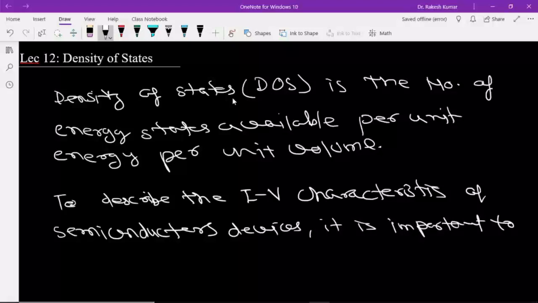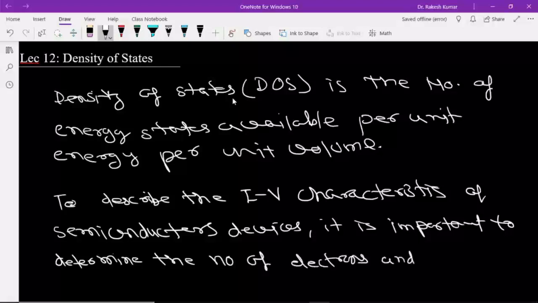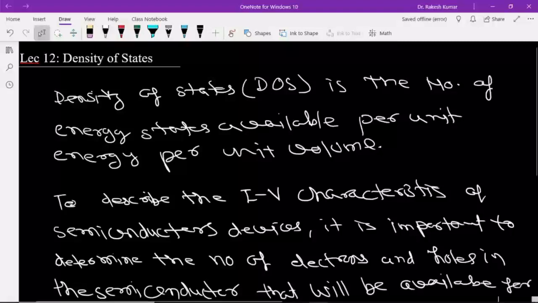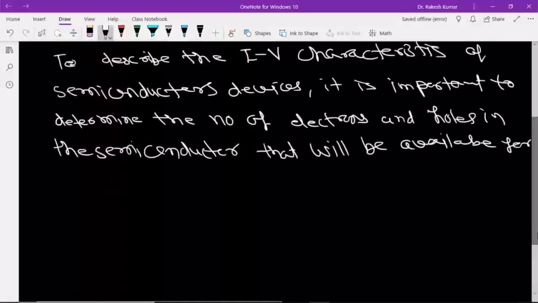to determine the number of electrons and holes in the semiconductor that will be available for conduction.